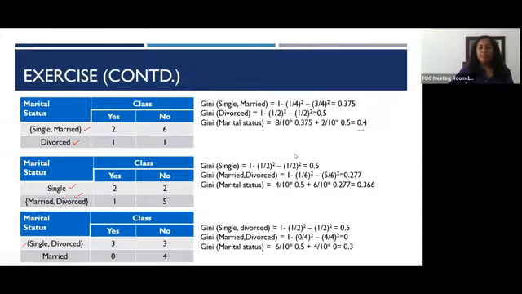Then what is the best Gini index you have? For what combination do you have the lowest Gini index? According to this, what is the lowest Gini index? That shouldn't be difficult. Yeah, marital status.